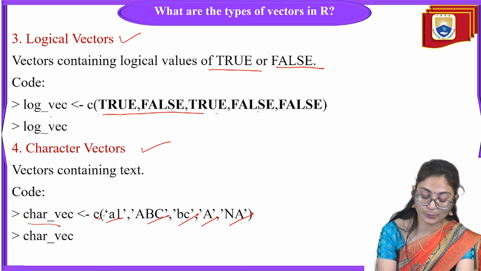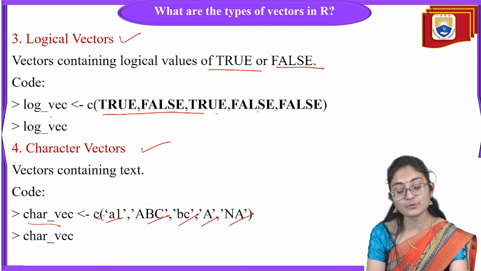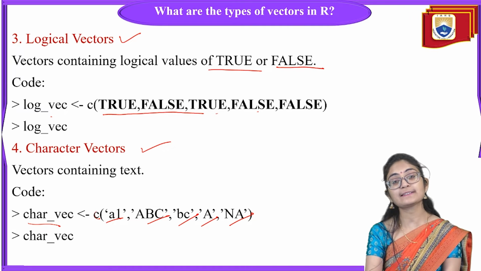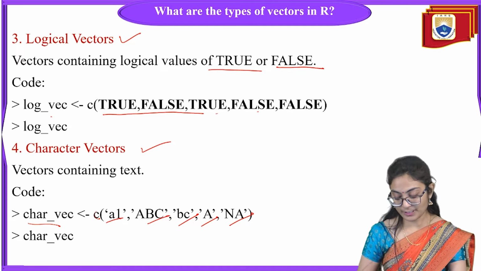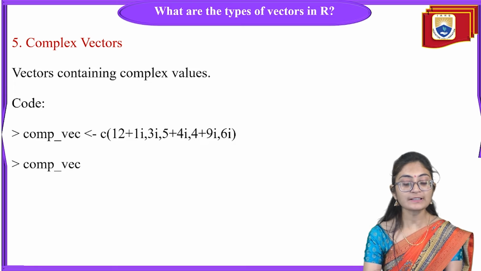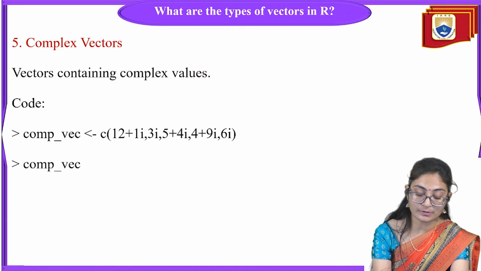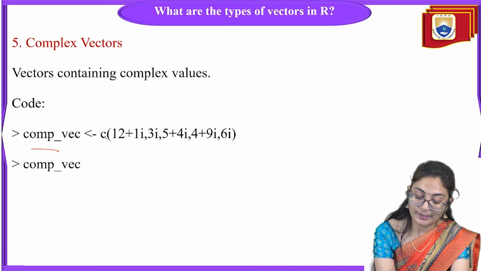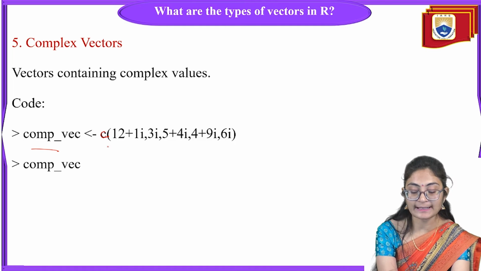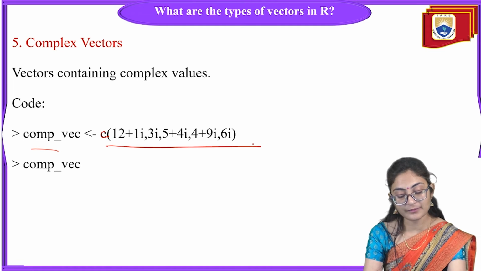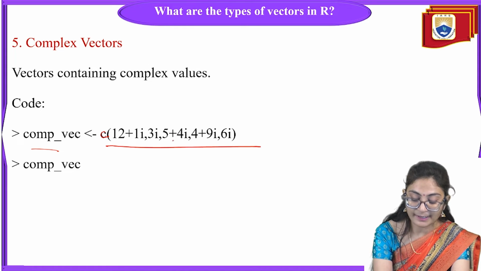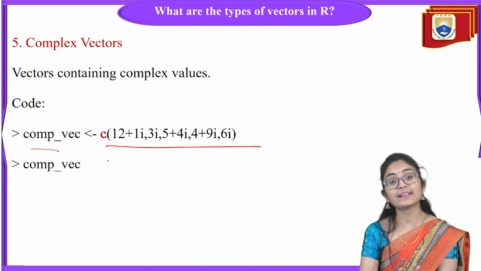I used the c function, provided some values, and printed the character values. After that, complex vectors. These contain complex values. For the complex vector, I used the c function and then 12+1i, 3i. All these are complex values.